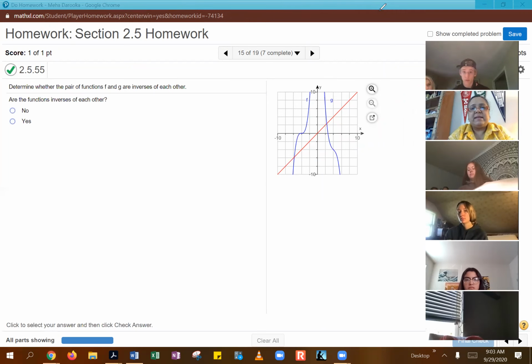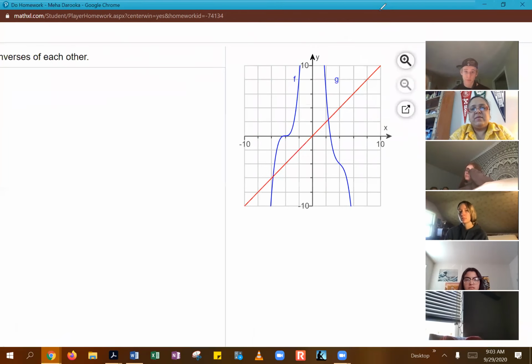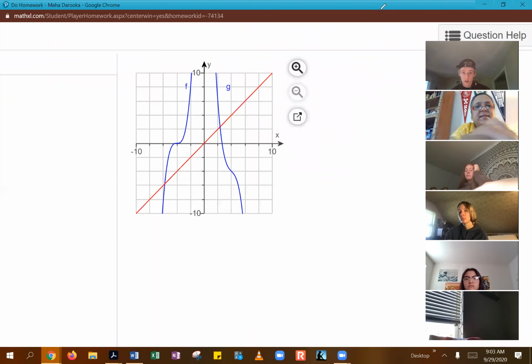If you look at this graph now, you can again see that if we pick a point on our y equals x line and talk about the distance, going horizontally, you can see how much longer this distance is compared to the other side.